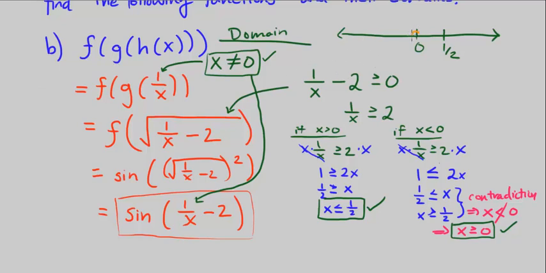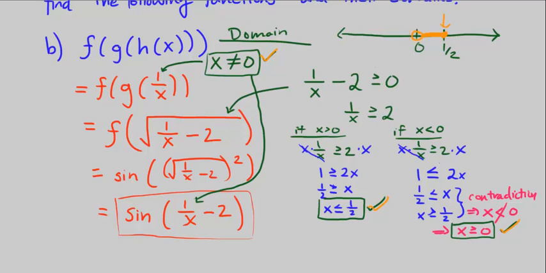Well, we know x cannot be 0, so I'm going to make that an open hole. x has to be less than or equal to 1/2, so I'm going to close it at 1/2, and it could go anywhere less than there, right? Except x here has to be greater than or equal to 0, so I'm going to erase everything less than 0. So these 3 things give us the restriction that x is between 0 and 1/2, and it can include 1/2 but excludes 0, right?